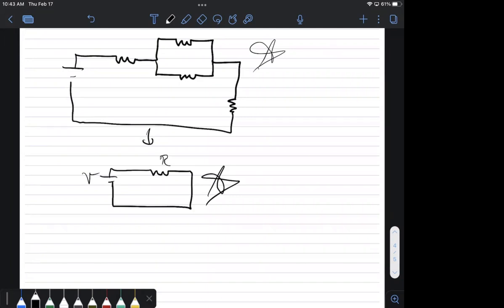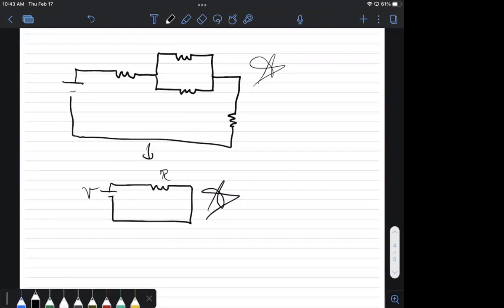What your job will be, and this is what we're going to learn, is number one, we look at what's in series and we look at what's in parallel. When I see this circuit, I see, look, these two right here, these are parallel. And I'm going to do some math.